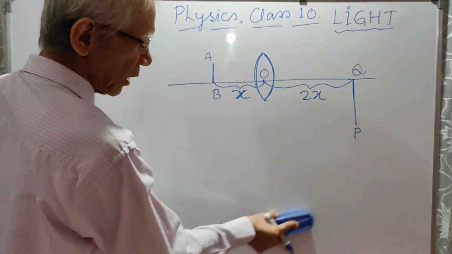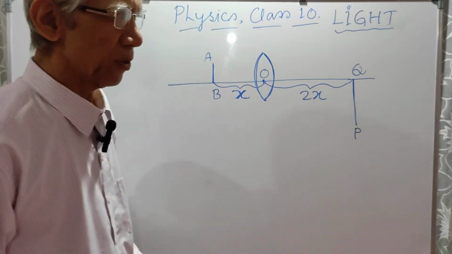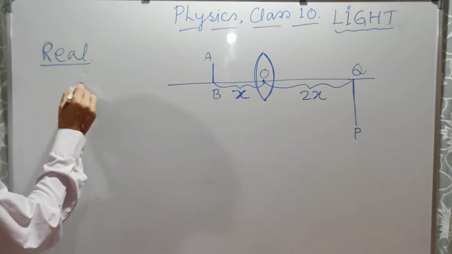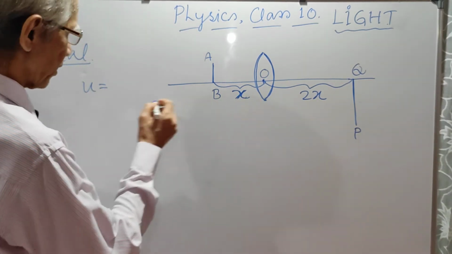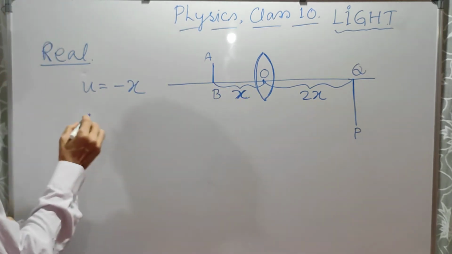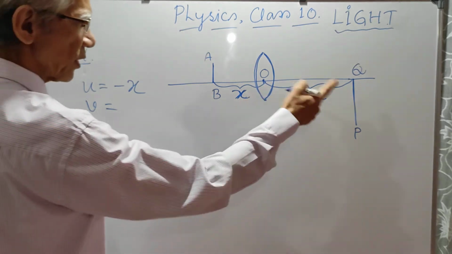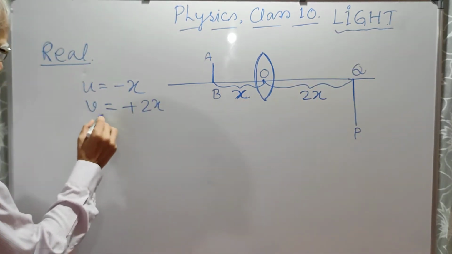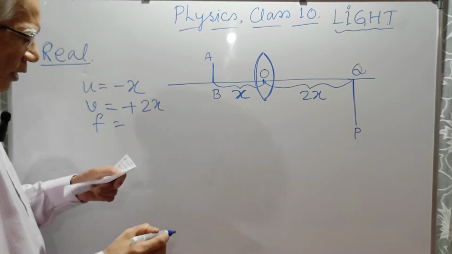Okay. Now we can use the lens formula. So the lens formula says what? Now you see, let us first of all write u equal to what? Now this is x, therefore u will be minus x on the left side. Then v, image distance, v is what? Twice x, right side, so positive, isn't it? And what is f given in the question? f is given 30 centimeter.